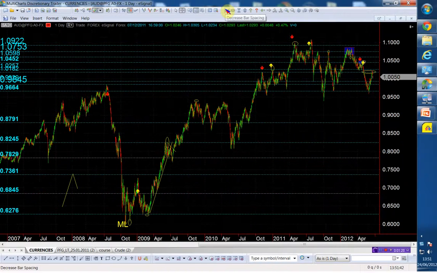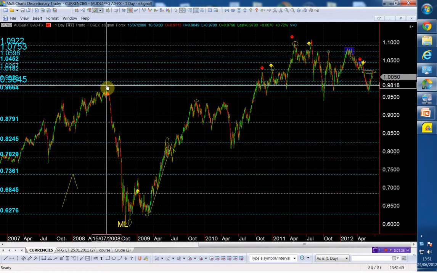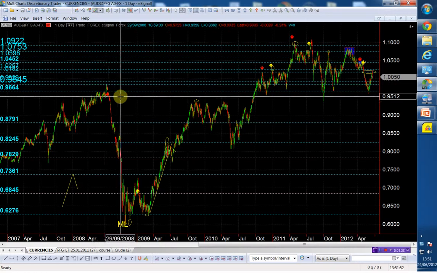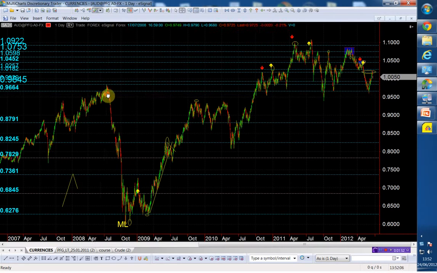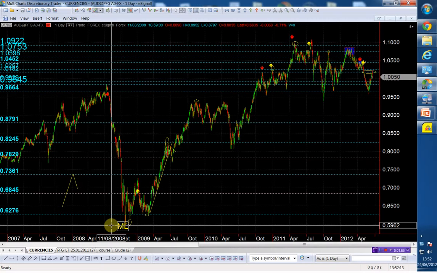If you look at the historical chart, you could see that the 98.45 was the peak of the bull market that ended in 2008, and the Australian dollar capitulated from 2008 below, when it traded below the 98.45. It capitulated all the way down towards the 63. It lost about 33% of its value.